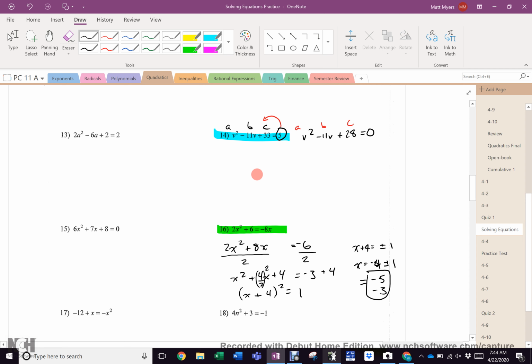So it's actually 11 plus or minus the root of 121 minus 4 times 1 times 28 over 2, which is 11 plus or minus the root of 9 over 2, which is 11 plus or minus 3 over 2, which is either 11 plus 3 over 2, which is 7, or 11 minus 3 over 2, which is 4. Sorry, everybody.